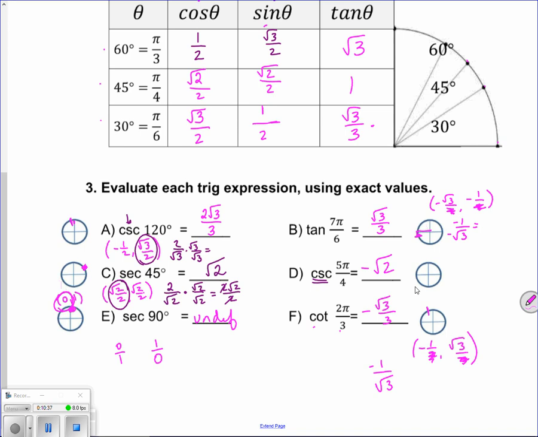What I'm hoping that you see from this, especially when you do your homework, is, wait a minute, you're telling me all the sines of the 60 degrees or pi over 3's are going to be square root 3 over 2. It's just a matter of if it's positive or negative. Yes. All of the tangents of the pi over 4's or the 45's are going to be 1.